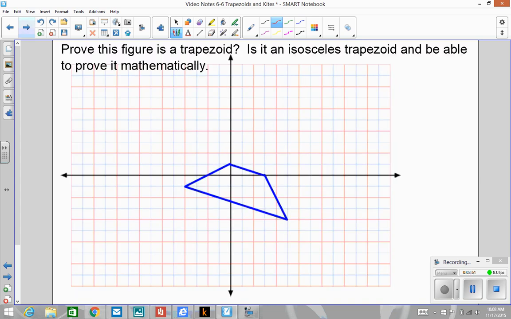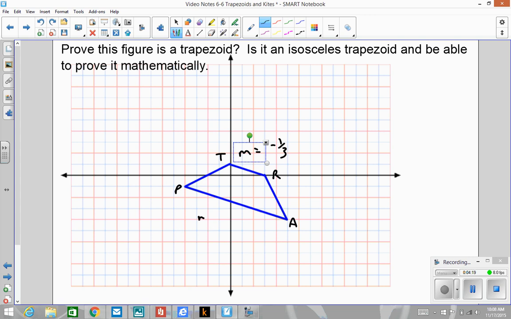Okay. So if we want to prove a figure is a trapezoid or check to see if it's an isosceles trapezoid, remember a trapezoid has one pair of parallel sides. So let's give some letters here for this figure: T, R, A, P. You can probably see that the legs are probably TP and RA. So let's go with TR. The slope for TR is 1 down and 3 over, so slope is -1/3.